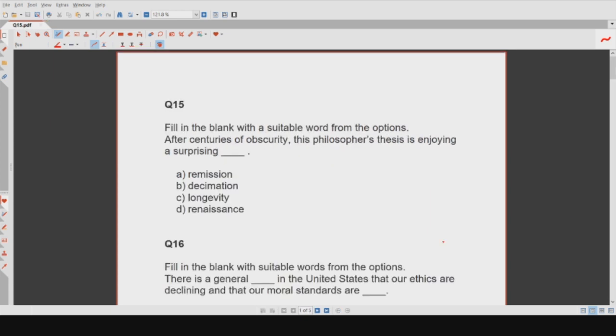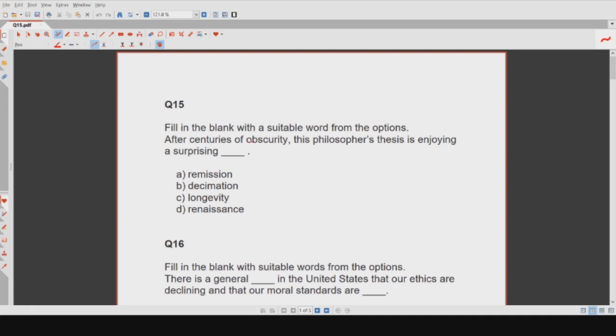The next question that was asked was on the fill in the blanks type of questions. So let's start. Question 15. Fill in the blank with a suitable word from the given options. After centuries of obscurity, this philosopher's thesis is enjoying a surprising dash.